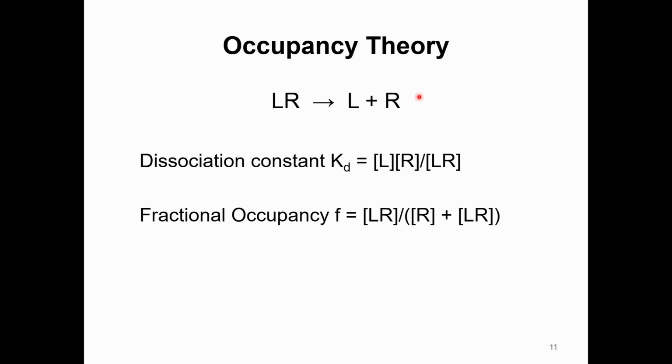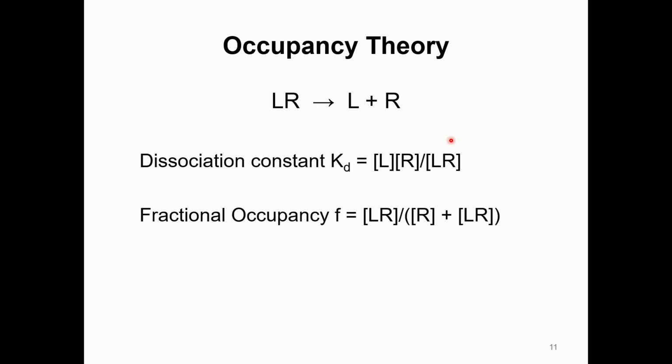So this is kind of review from before, but basically the dissociation constant, Kd, is going to be the concentration of free ligand times the concentration of free receptor divided by the concentration of the ligand-receptor complex, okay? So that's the dissociation constant.